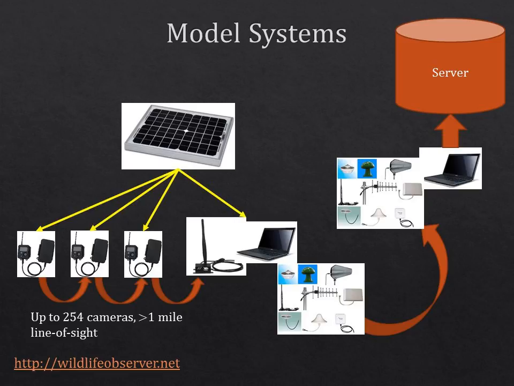If you imagine that the camera to the far left is the furthest away from the base station, if it takes a picture, it will send it to the next camera and so on down the line until the pictures arrive at the base station, which is indicated by the antenna and the laptop.